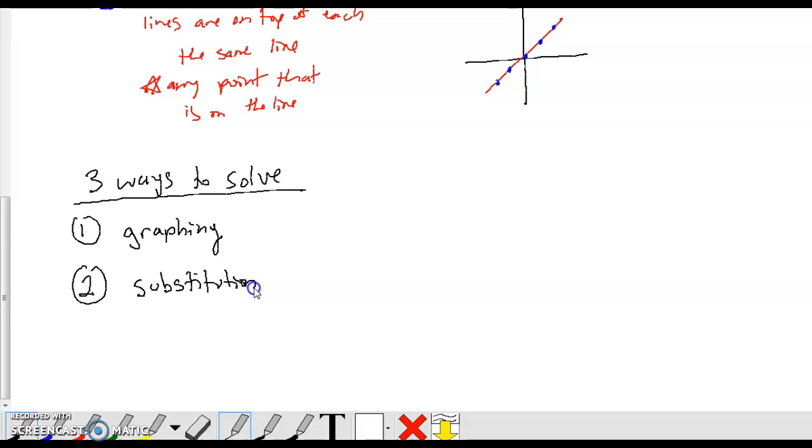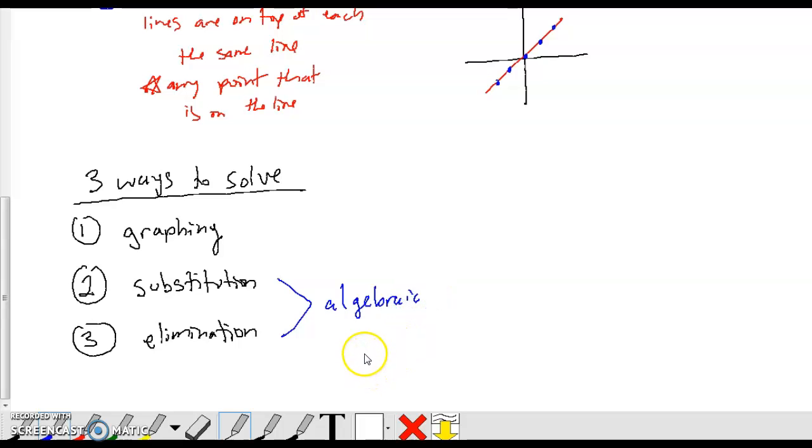Those are the two that we're going to work on today. And then we'll talk about elimination on another day. These two together are known as the algebraic way.